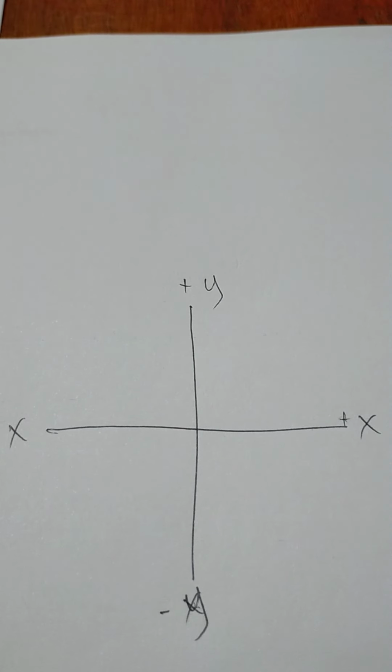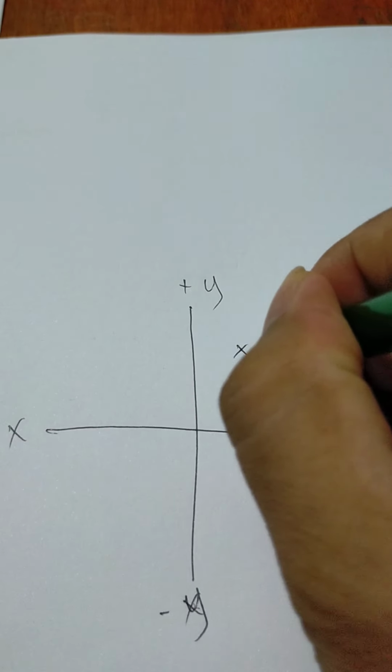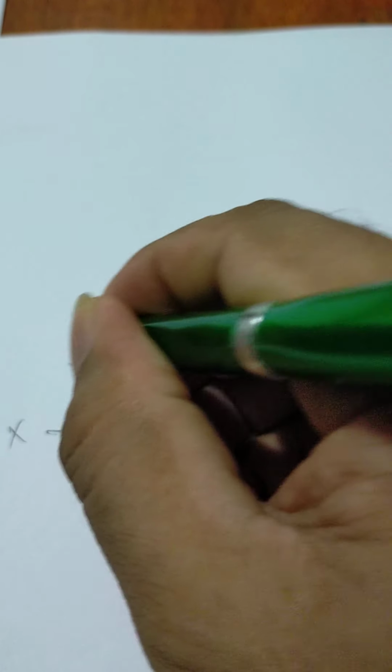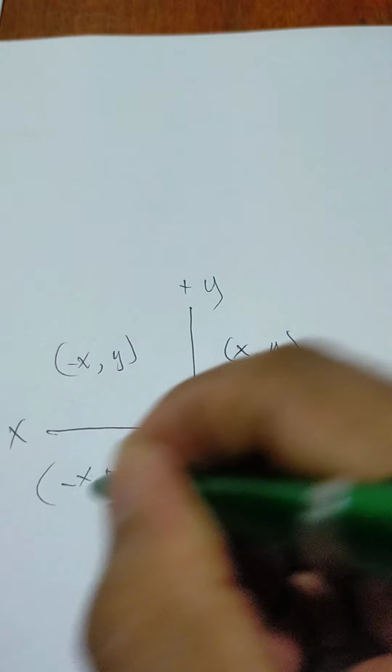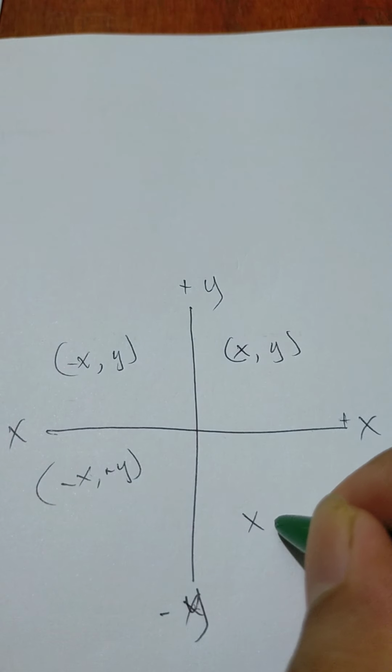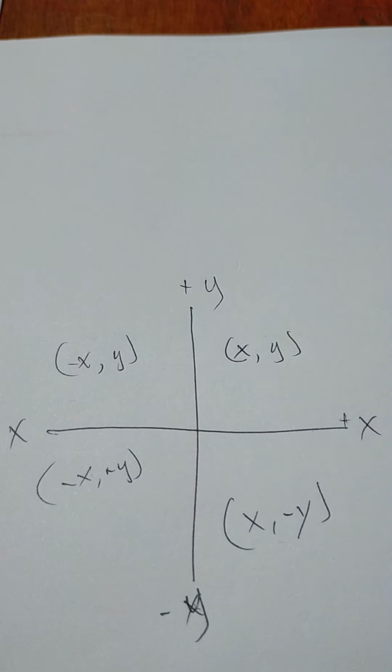So here, coordinates: x positive, y positive; x negative, y positive; x negative, y negative; and this is x positive, y negative. So, what is the importance of this?